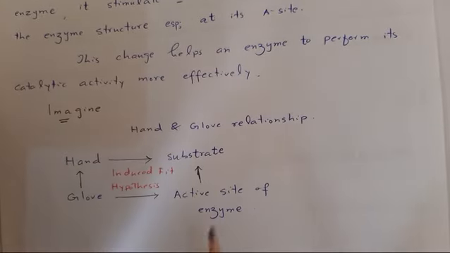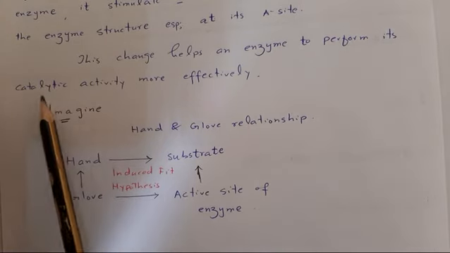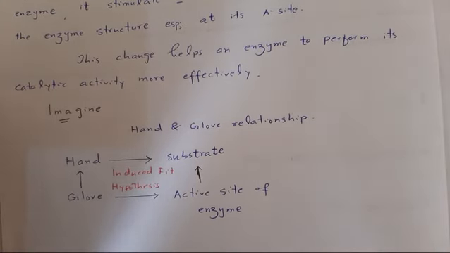So this change helps an enzyme to perform its catalytic activity more effectively. This can be imagined like a hand and glove relationship. The substrate, as the hand, changes the shape of the glove as it is put on, so the hand is imagined like a substrate while the glove is imagined like the active site of the enzyme.